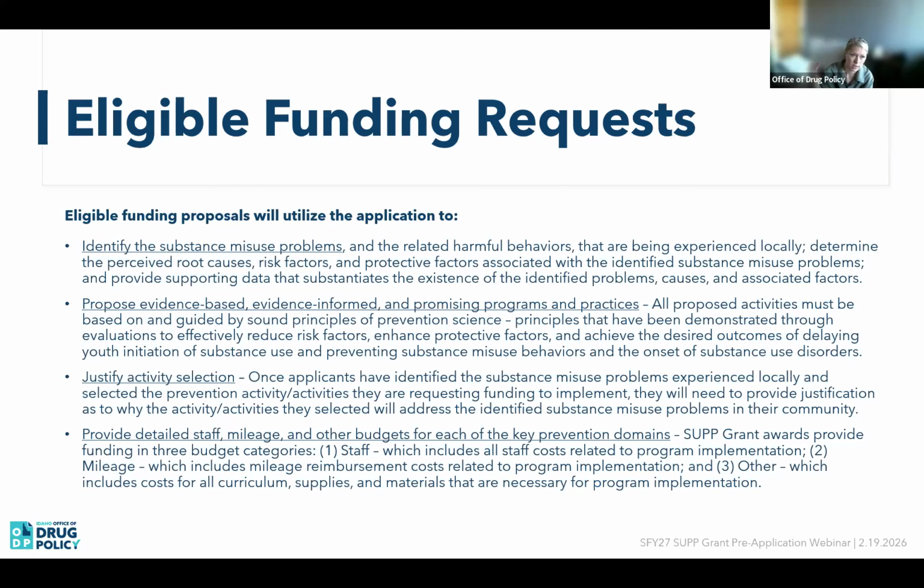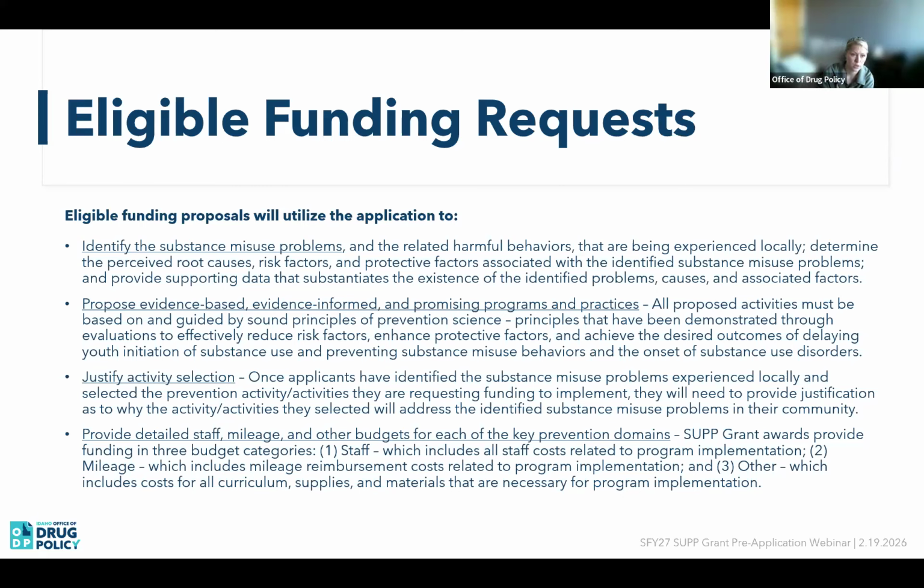So piece number 1 is you're going to be utilizing the application to identify the substance use issues you're seeing in your community or the risk and protective factors you're seeing in your community. And then number 2 is you're going to pick programs and activities to address those problems, risk factors, whatnot that you've identified.